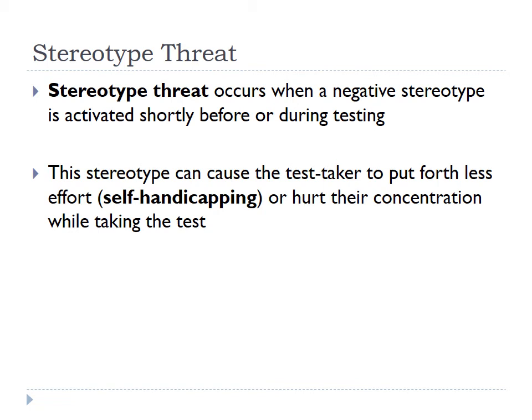It could be because the person puts forth less effort. They may think, subconsciously or consciously, I'm not any good at math, or I'm not any good at these tests, so they don't put in full effort and self-handicap, which will hurt their scores. Or it could mess with your concentration during the test, which would also hurt your scores.